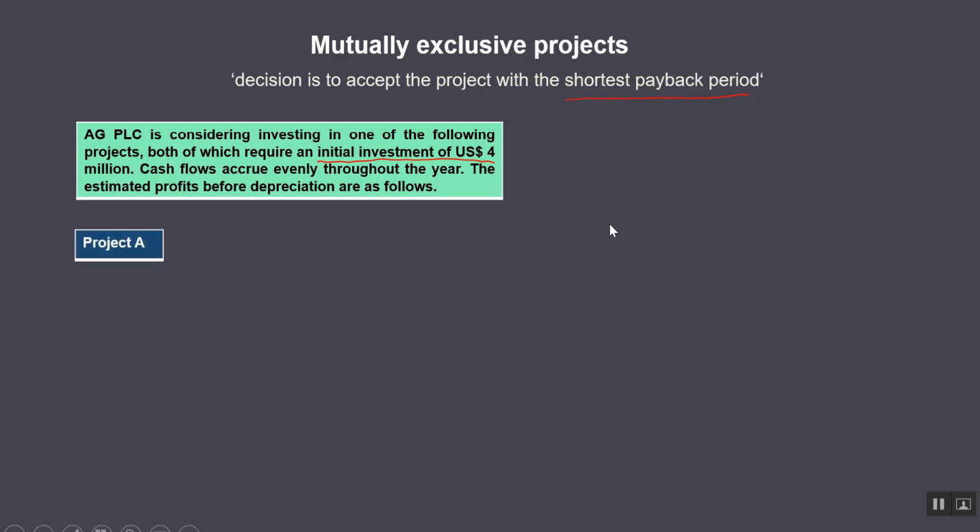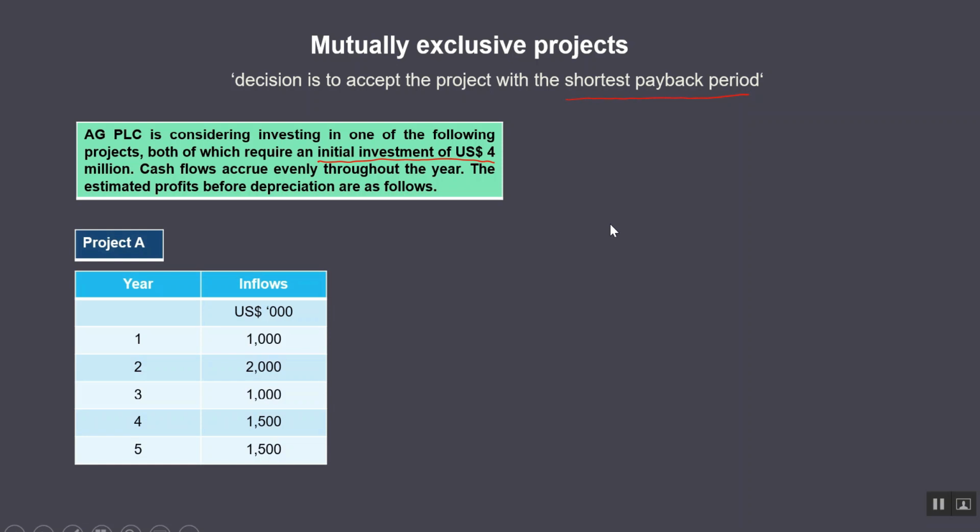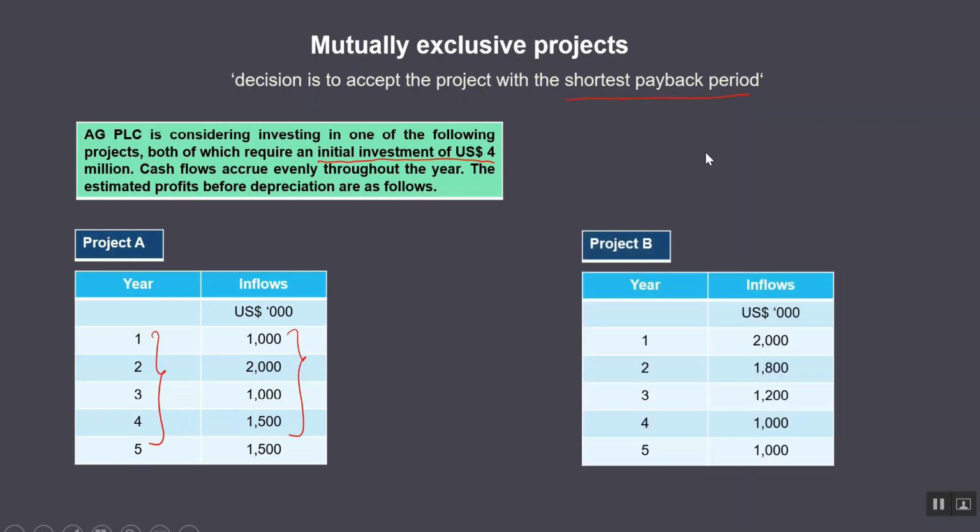You are given project A, the number of years that the project is going to run. For 5 years, the respective cash inflows are given. And project B also requires 4 million, and it will also run for 5 years, and these are the respective cash flows.